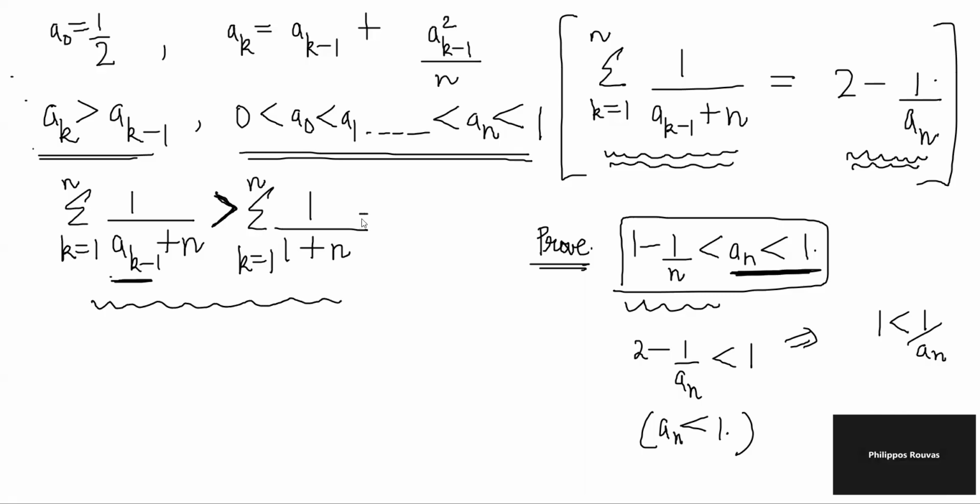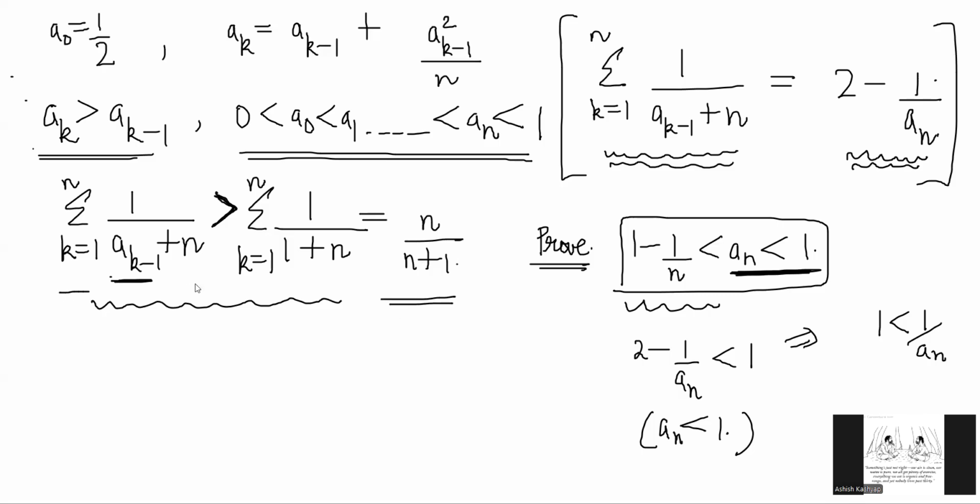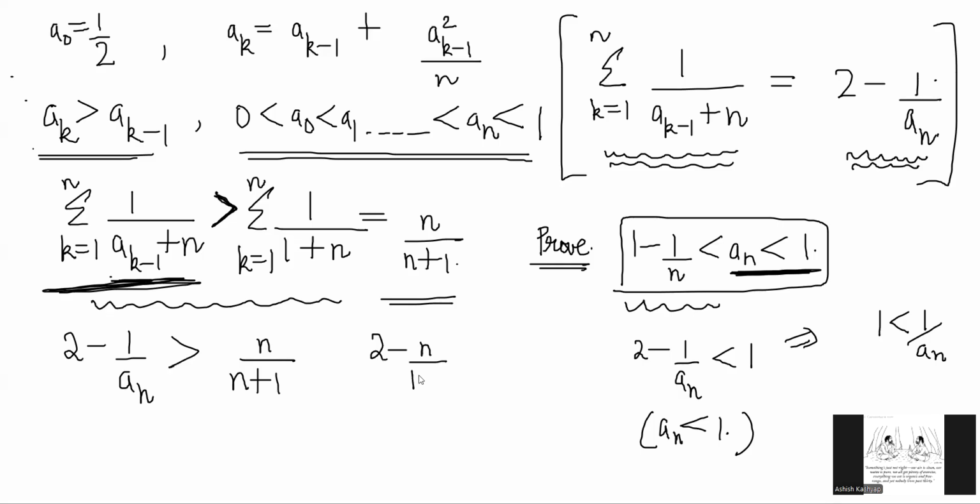Yes. So now this summation is simple. This is n times this. So it is coming out to n by n plus 1. And now we will say that 2 minus 1 by an is greater than n by n plus 1. And now it's just a matter of a little bit of algebra. You will get 2 minus n by n plus 1 is greater than 1 by an.